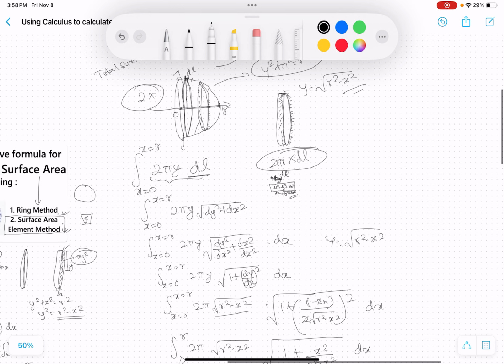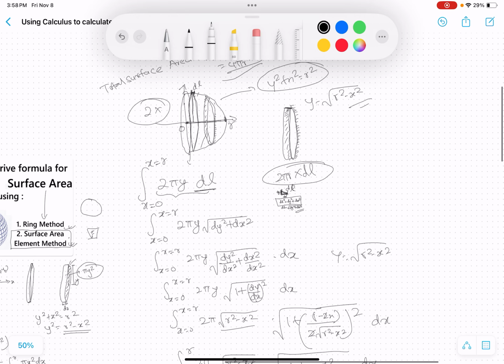Maybe the fact that this dl is larger will just compensate the decrease in the circle, right? So that's an interesting observation actually. The fact that at every point 2 pi r dx is actually equal to 2 pi y dl.